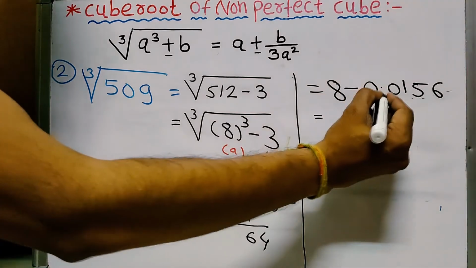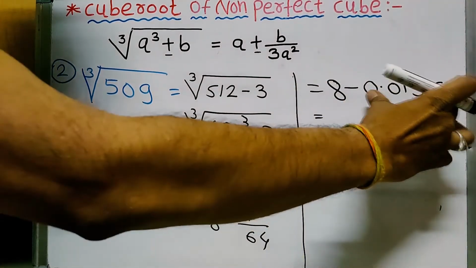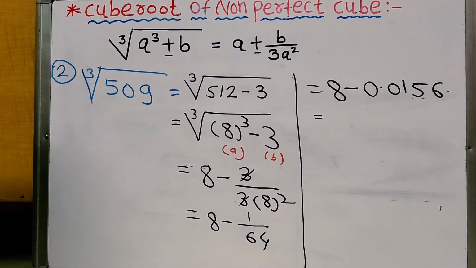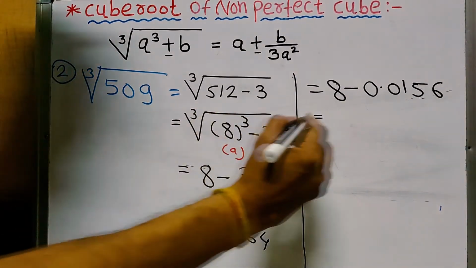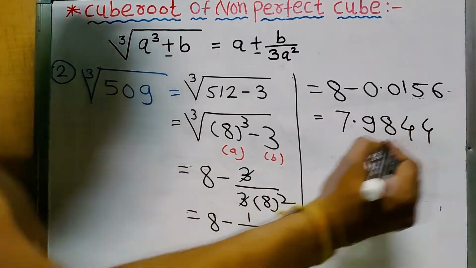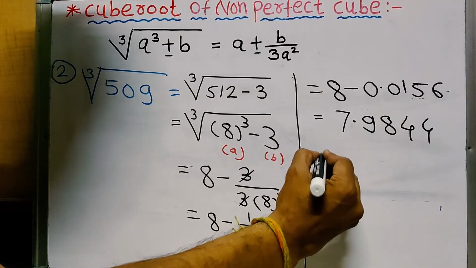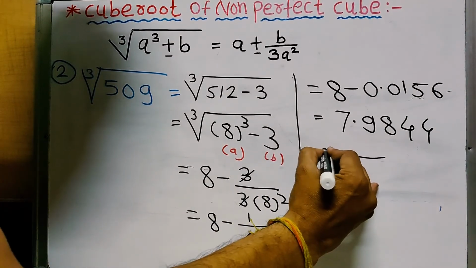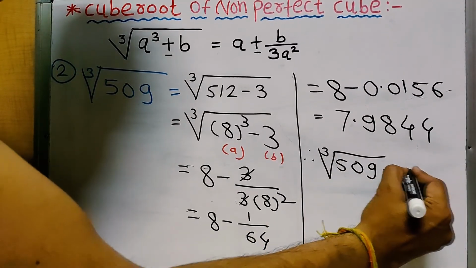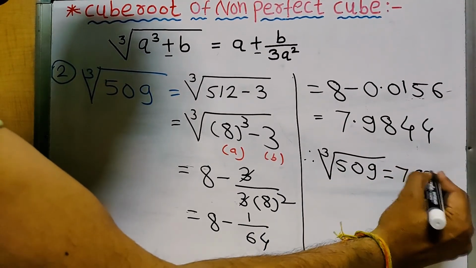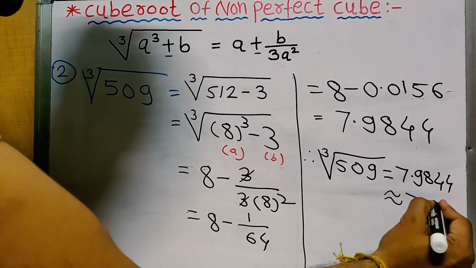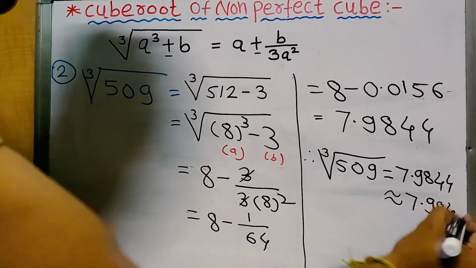After subtraction, that means subtracting 0.0156 from 8, we get 7.9844. Therefore, the cube root of 509 is equal to 7.9844, which is nearly equal to 7.984.